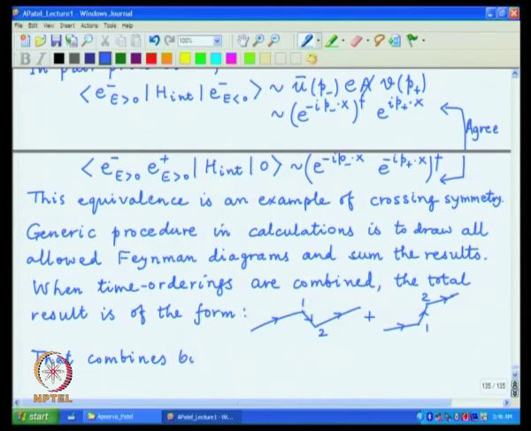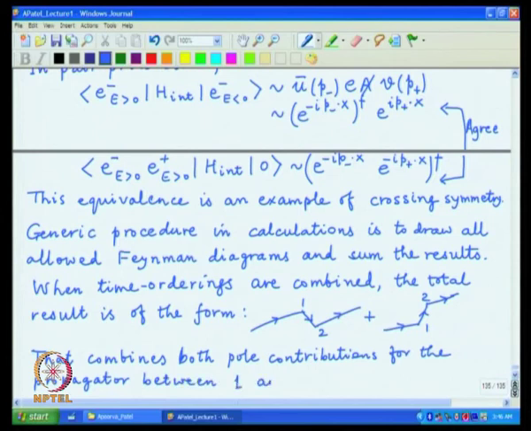Both pole contributions are included for the propagator between 1 and 2.